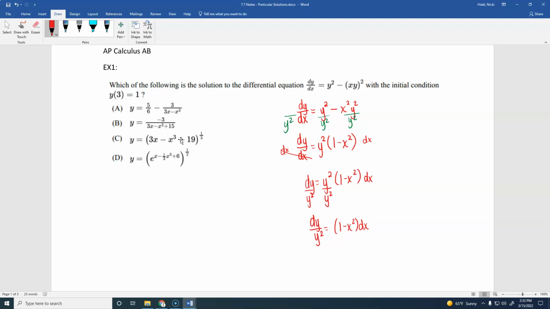All right, once we get our variables separated, we have to integrate both sides. How do we integrate that dy over y squared? Dy will go away. The y's do not cancel.